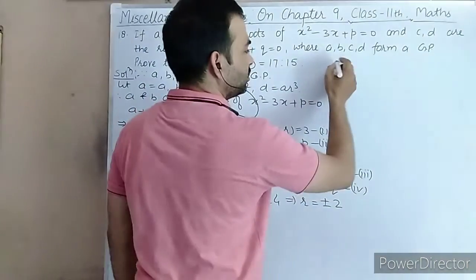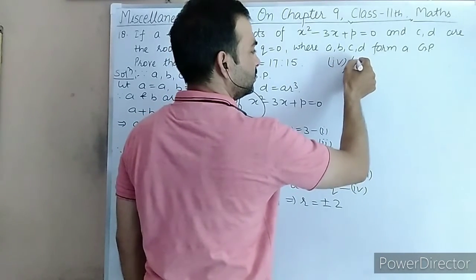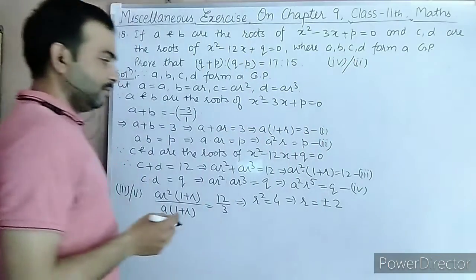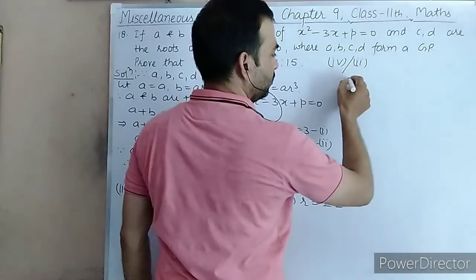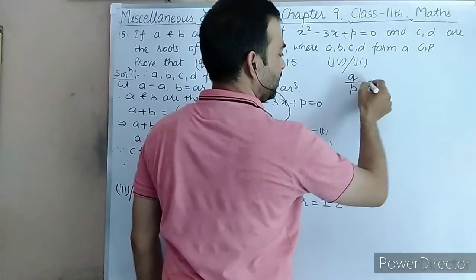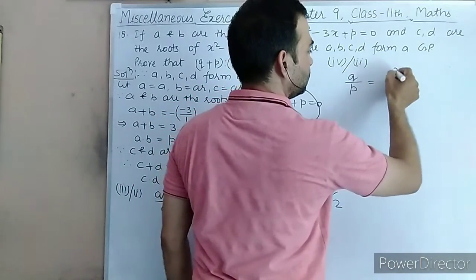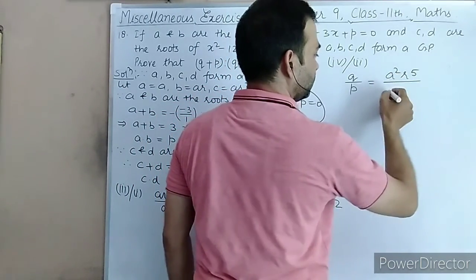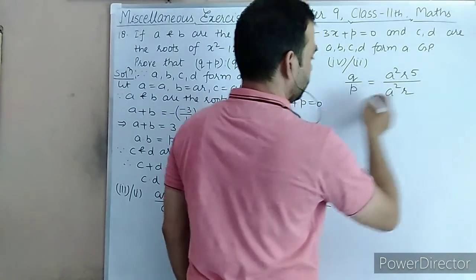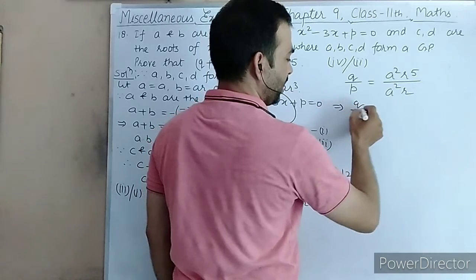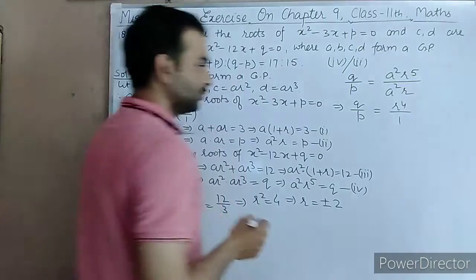Now equation number 4 divided by equation number 2. So from 4 and 2, q divided by p is equal to a²r⁵ divided by a²r. So this implies q by p is r⁴ by 1.